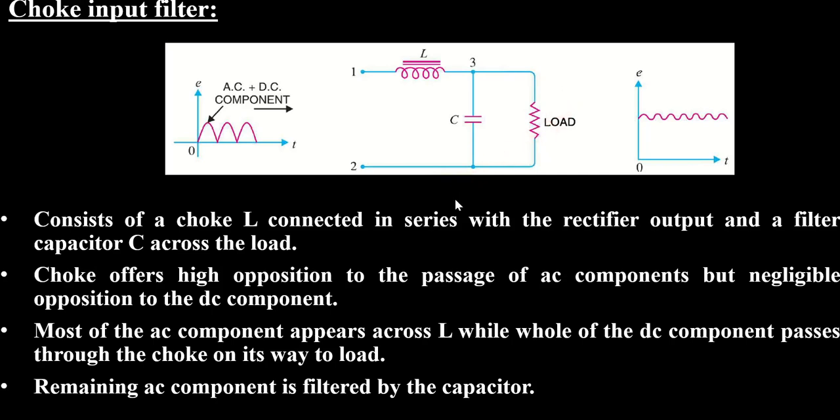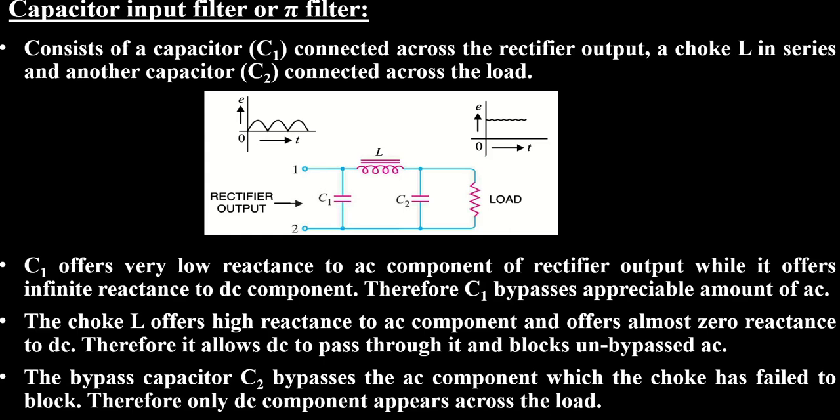And now let's consider the third filter, that is the capacitor input filter or pi filter. The reason for naming it a pi filter is that if you look into this diagram, you can see that the capacitor and inductor are connected in the form of the Greek letter pi.